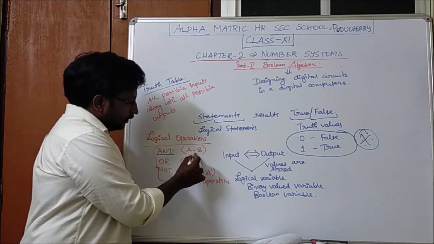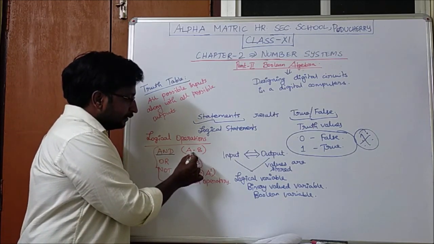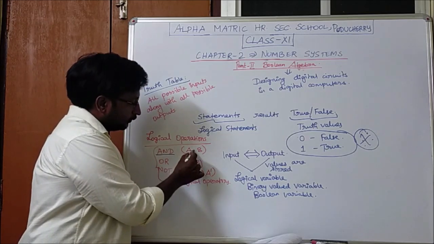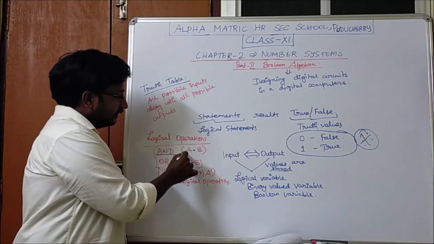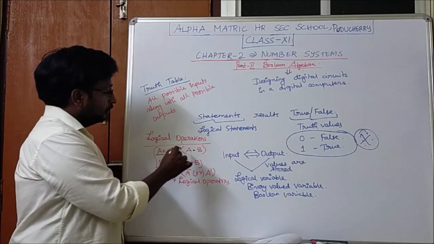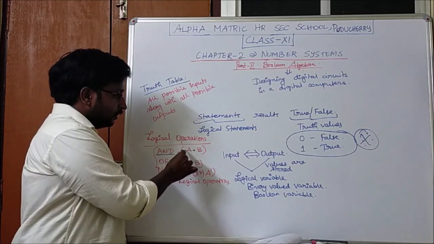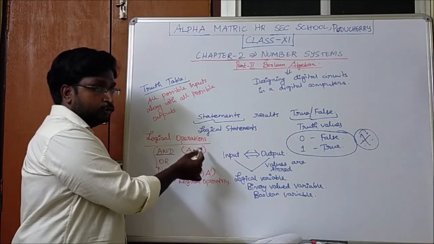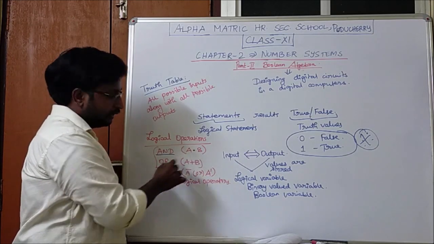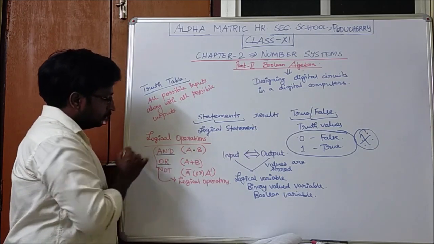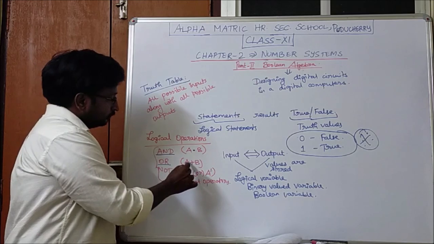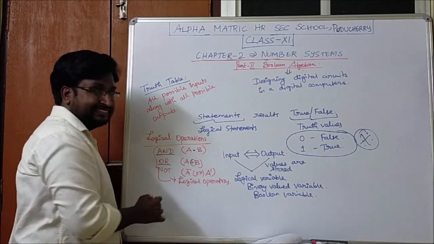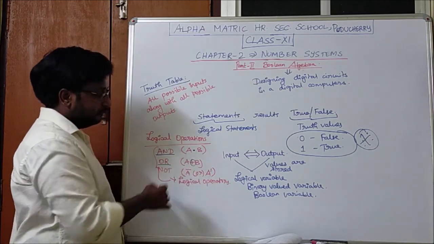AND is symbolically represented with a multiply symbol, that is a dot. These are the variables a and b, which will have either 0 or 1 values. So we just multiply. The next one is the OR operator, where we use the plus symbol, a plus b.